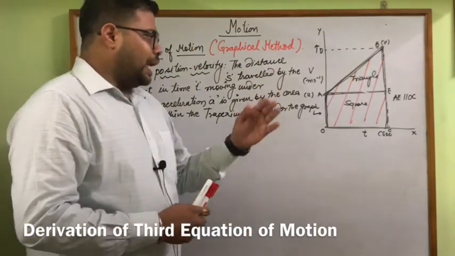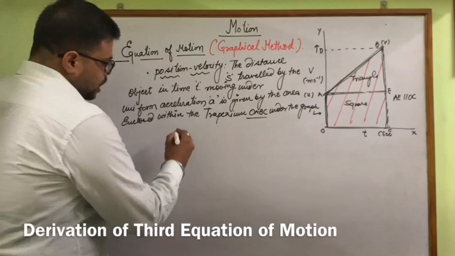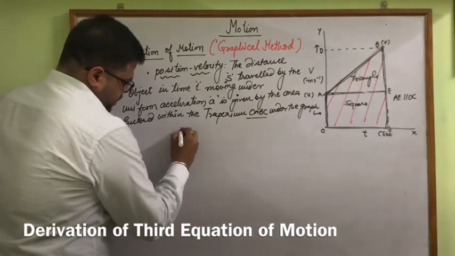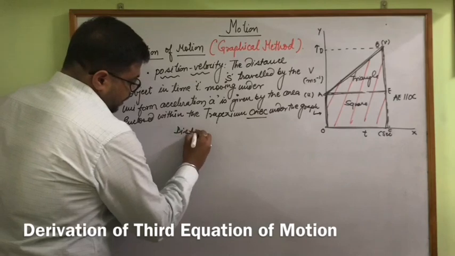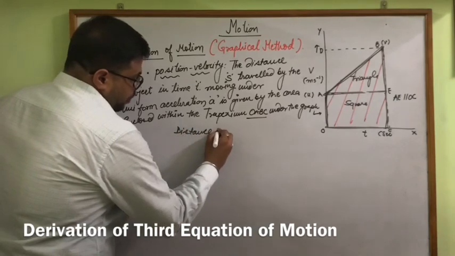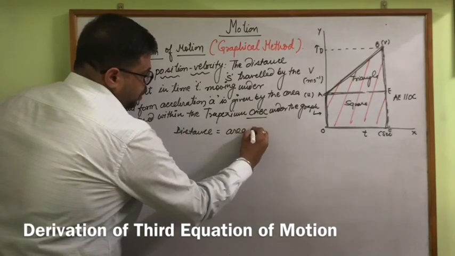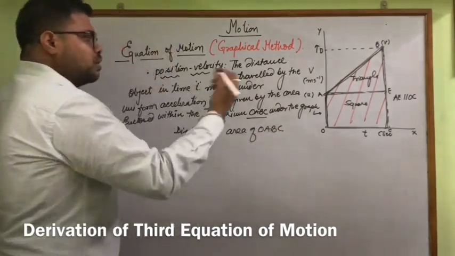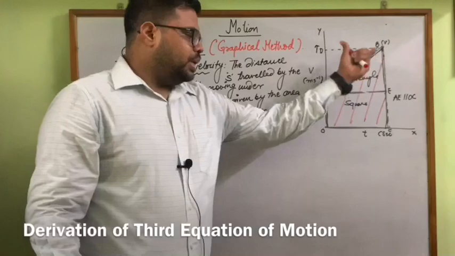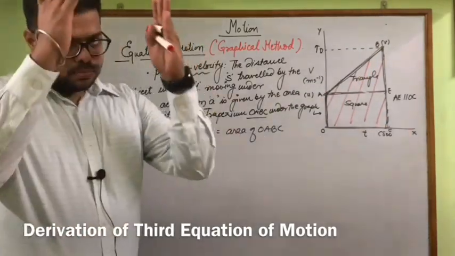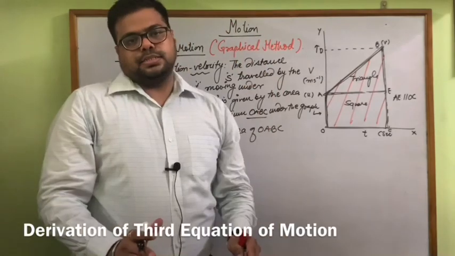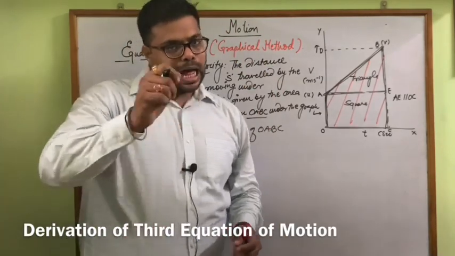Now we know that the distance will be equal to the area of trapezium OABC. I know the area of the whole trapezium: half into the sum of parallel sides multiplied by the height.